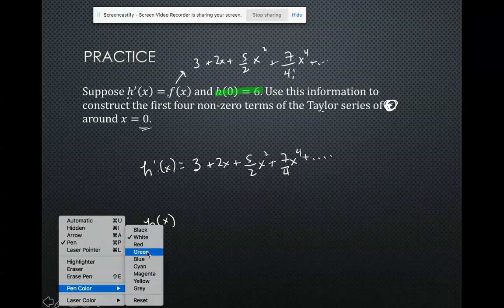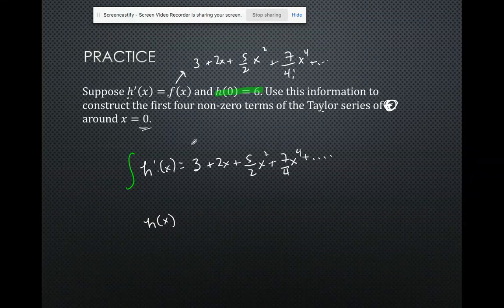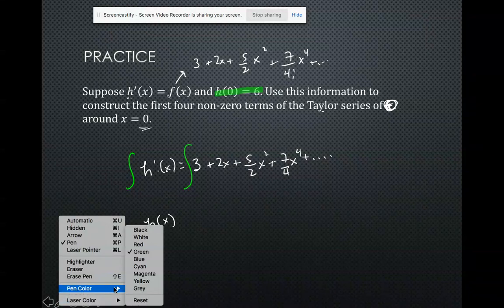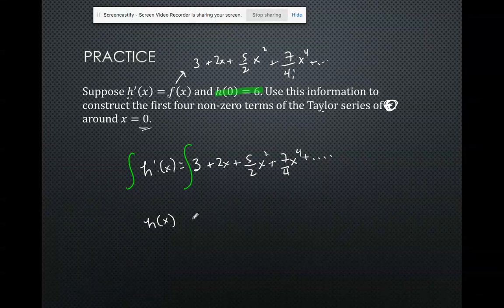Yep, anti-differentiate, baby. Anti-differentiate term by term. So how do you anti-differentiate? 3x over 1.